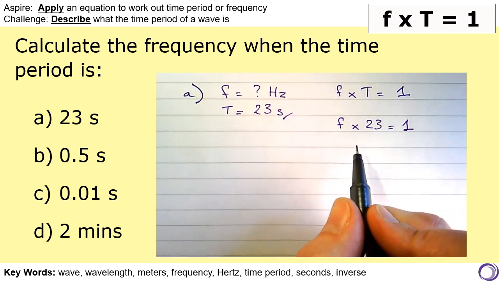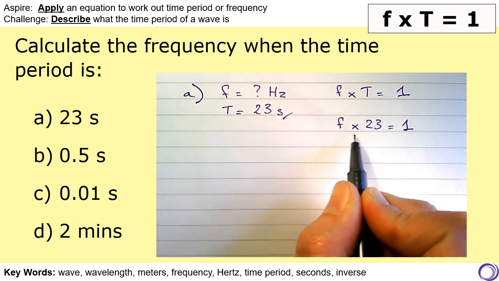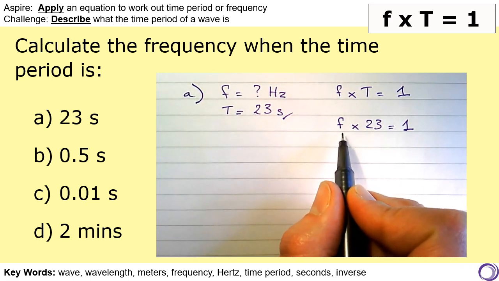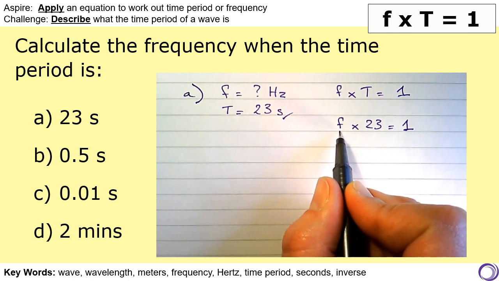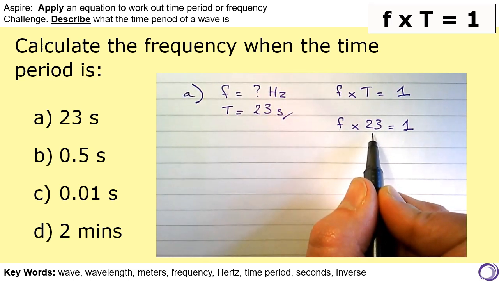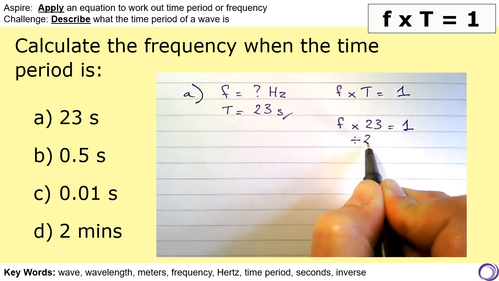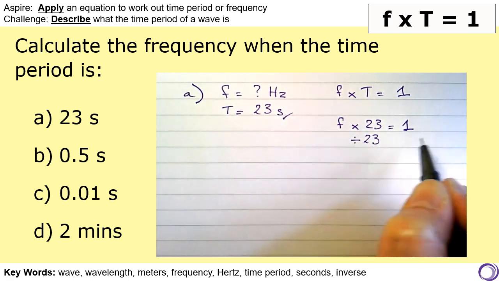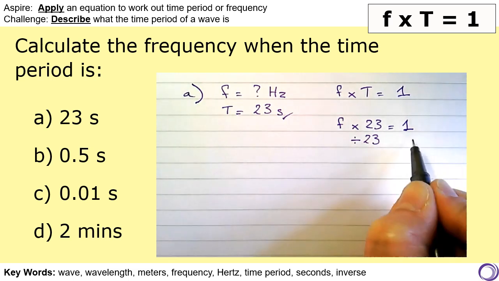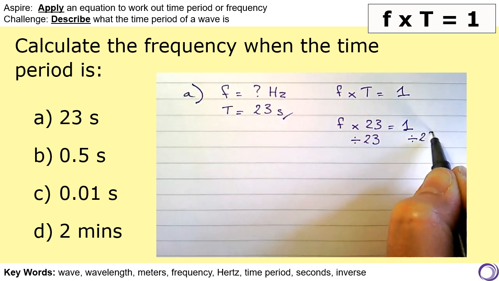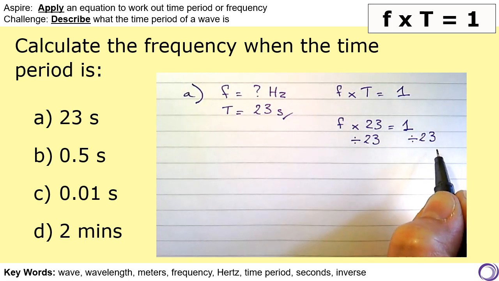Now I need to do a quick rearrange to have frequency by itself as the subject of the equation. Frequency is currently being multiplied by 23, so I need to do the inverse, which is dividing by 23. And I also need to do the same on the right-hand side of the equation, so I'm going to divide 1 by 23 as well.